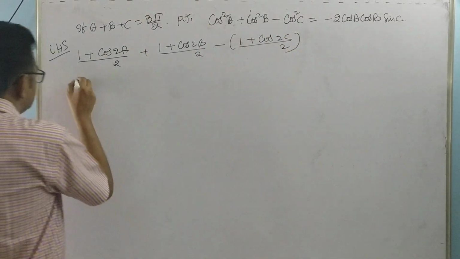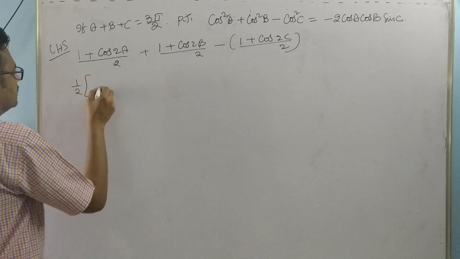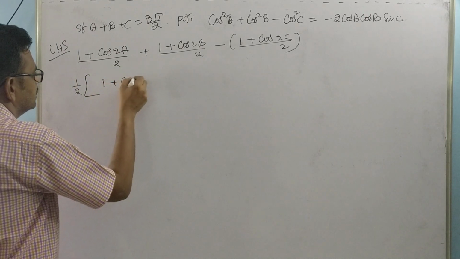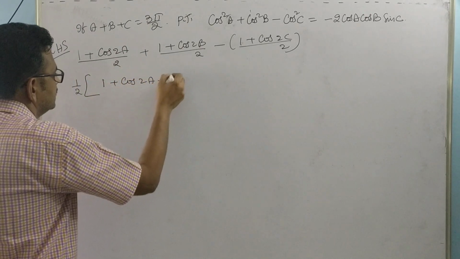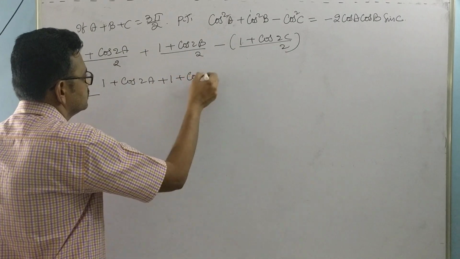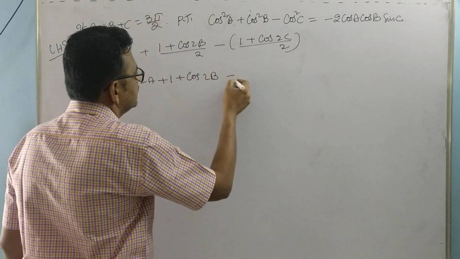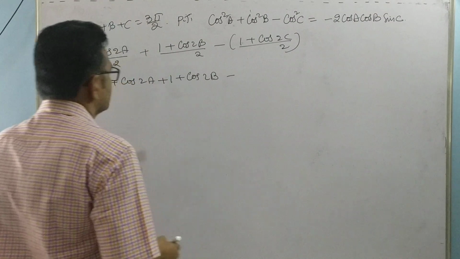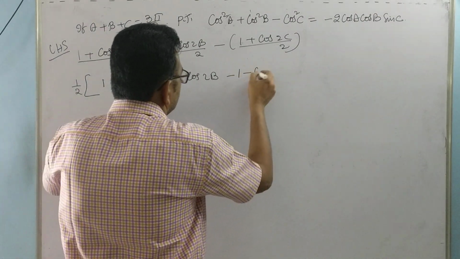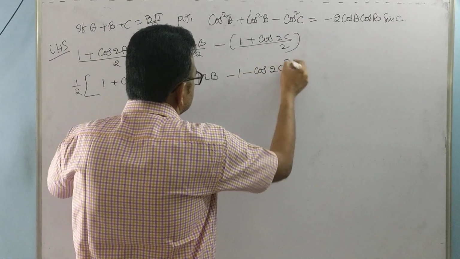Taking 1 by 2 common: 1 by 2 of (1 plus cos 2A plus 1 plus cos 2B minus 1 minus cos 2C).